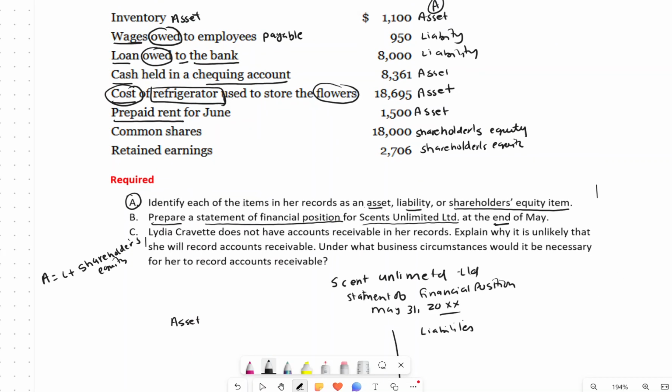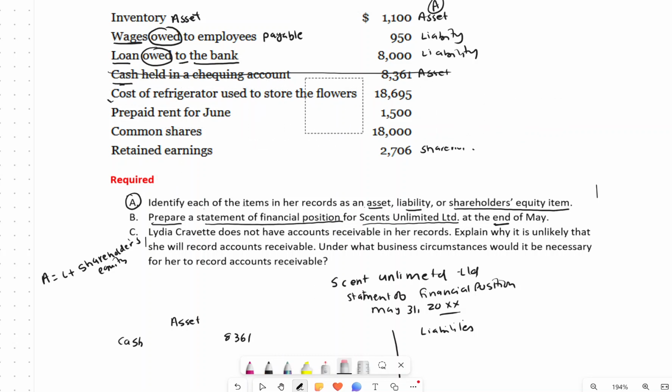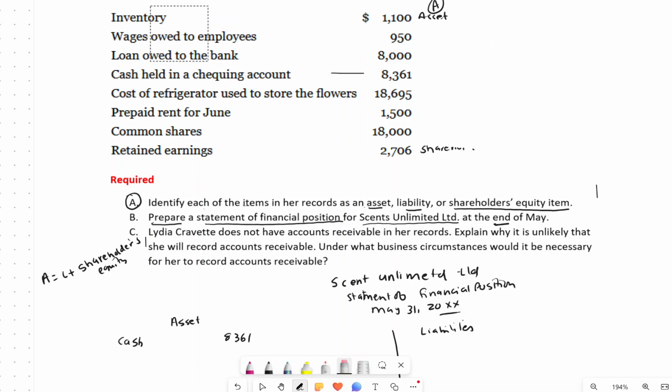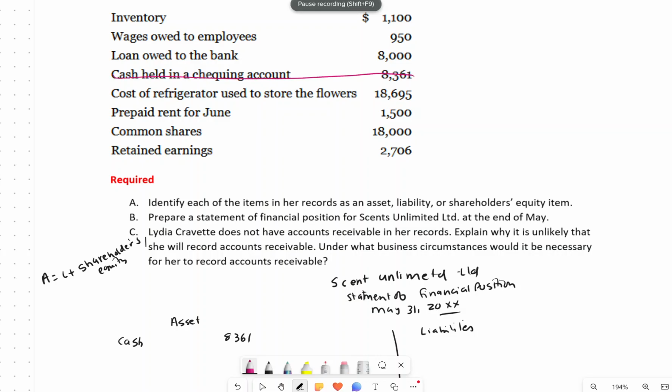The first item in the assets will be your cash account, and your cash account is 8,361. Once I do that, I cross it off. The reason I'm crossing these off is that you only use each account once. That's the purpose, using it once. You don't want to forget anything, so we've already taken care of that.